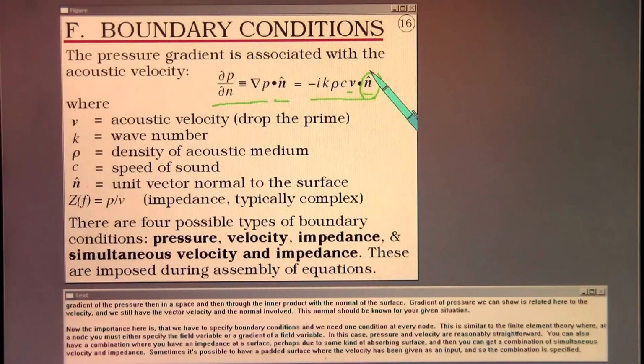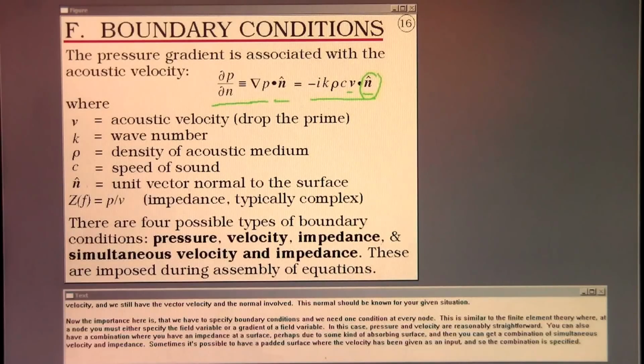Now, the importance here is that we have to specify boundary conditions, and we need one condition at every node. This is similar to the finite element theory, where at a node you must either specify the field variable or a gradient of a field variable. In this case, pressure and velocity are reasonably straightforward.